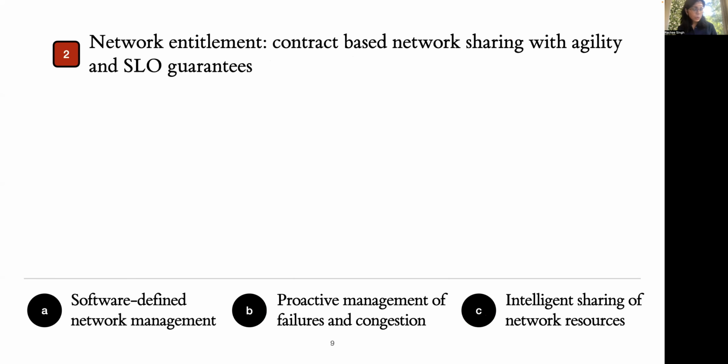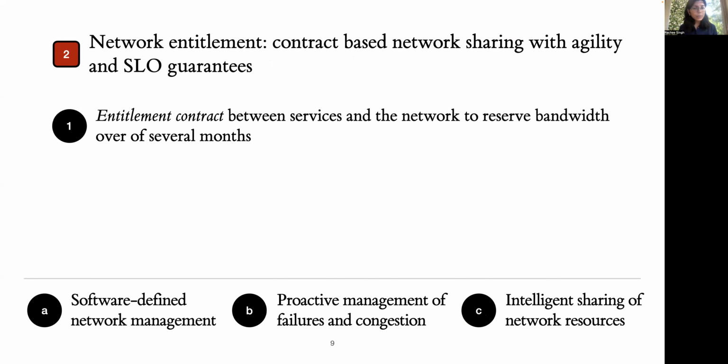The second paper of the session is Network Entitlement, Contract-Based Network Sharing with Agility and SLO Guarantees. This work defines the concept of entitlement contracts between services using the WAN and the WAN itself. Entitlement contracts allow services to reserve bandwidth on the network for long durations on the order of months.